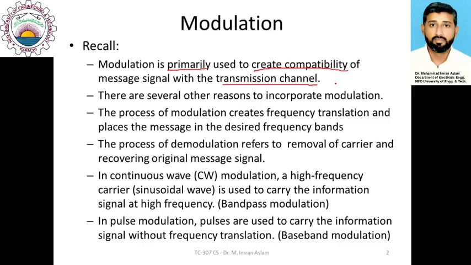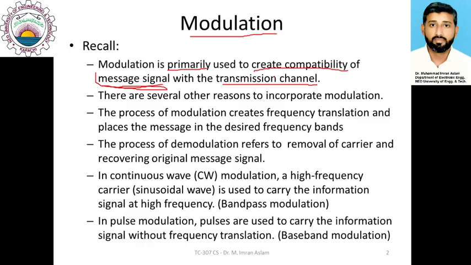In order to have a good transmission quality, the message should be placed at that particular frequency, and messages on the other hand, are generally at relatively low frequency. In order to create this frequency compatibility, we need to shift the frequency of message signal towards a higher frequency band, frequency range, and that shifting or that frequency translation is achieved through the process of modulation. So basically modulation creates a compatibility by providing a frequency translation to the message signal.